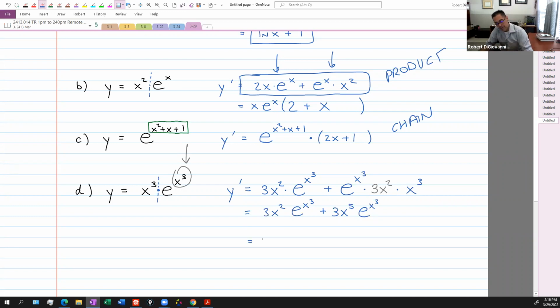And I could even factor a 3x squared e to the x cubed out of everything, because they all have a 3, they all have at least an x squared, and they all have e to the x cubed. So if I pull it out of here, I'll be left with the 1. And if I pull the 3x squared e to the x cubed out of here, I should be left with x cubed in there.